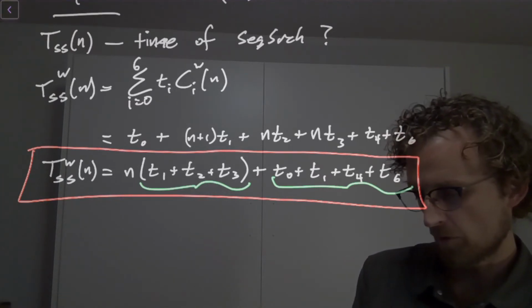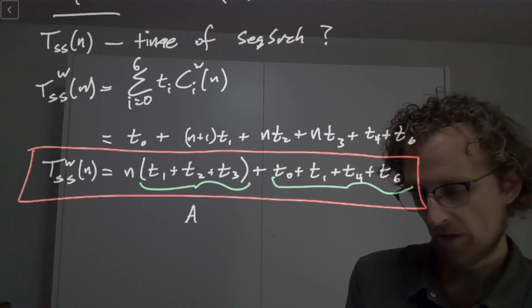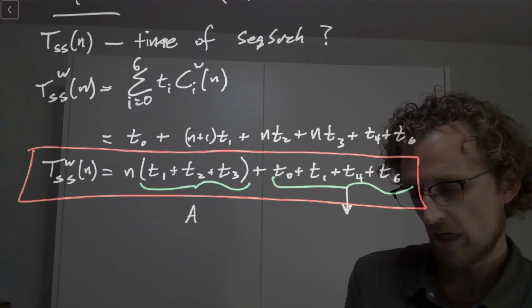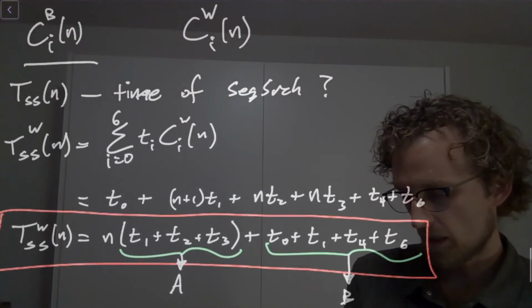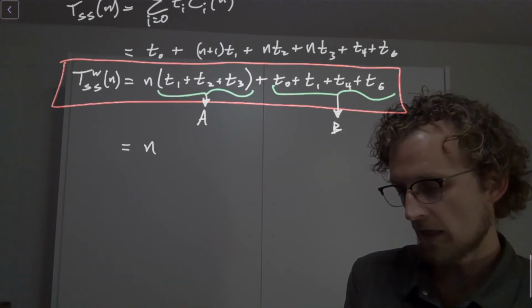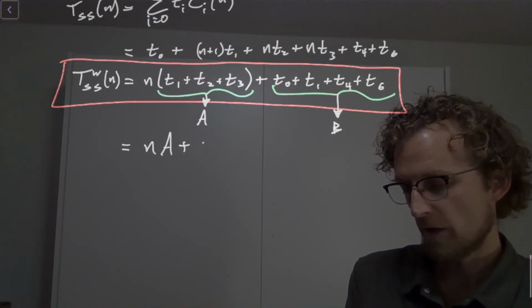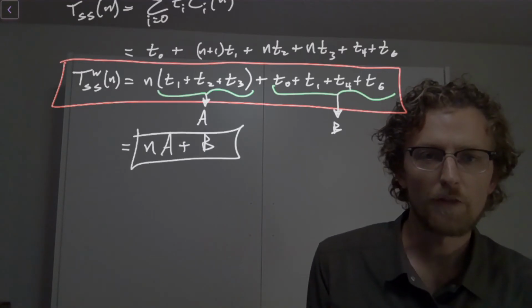I don't have a term for it in the notes, so I'm just going to call this A, and I'm going to call this B. And I can write this in a slightly simpler format: this is n times A plus B. Okay.